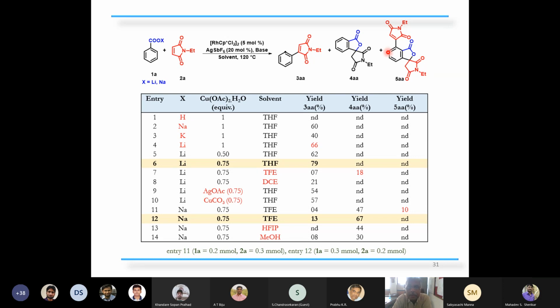In 3A, because in some other example you have shown that it is happening at the alpha carbon, but in this particular case also have you checked that it is happening at the alpha carbon, or is decarboxylation happening first because the temperature is so high, 120 degrees centigrade? So my question is whether you have tried that. Yes, sir.